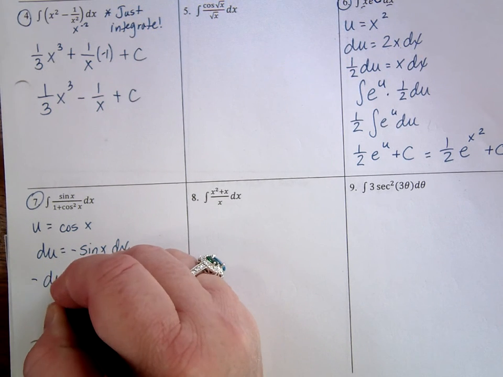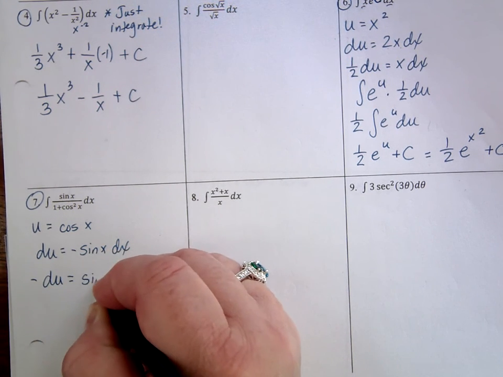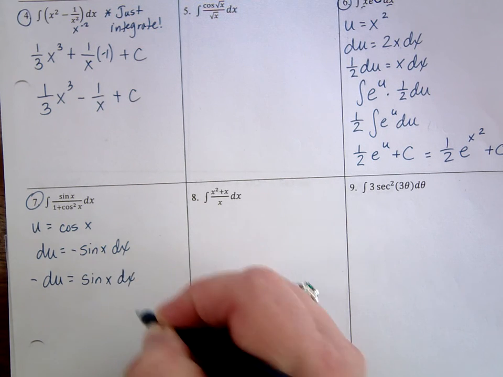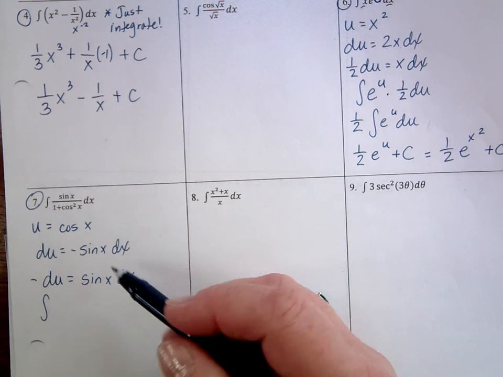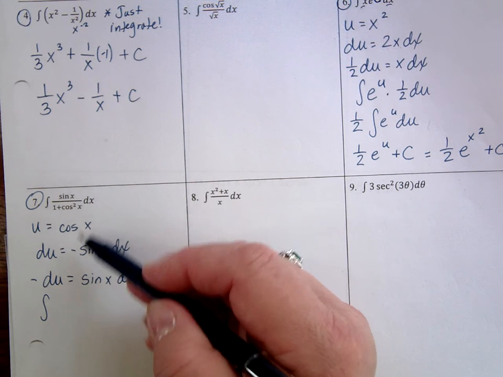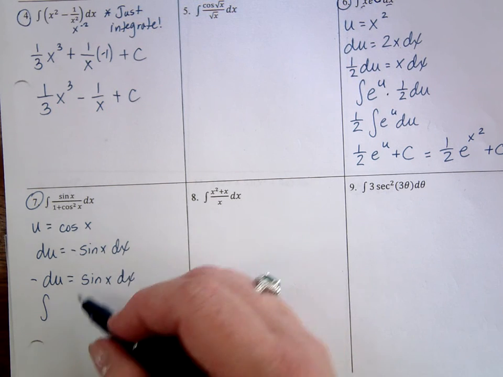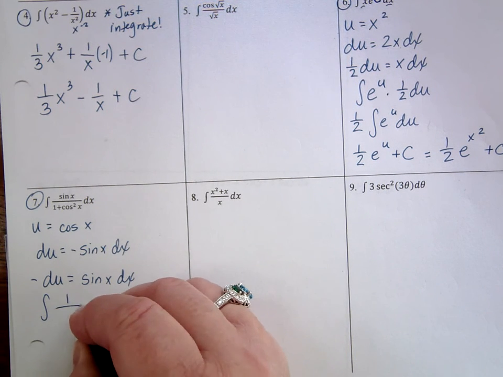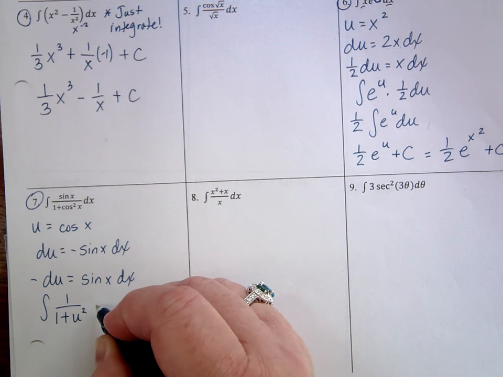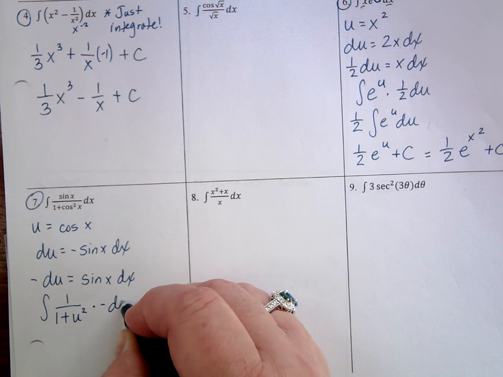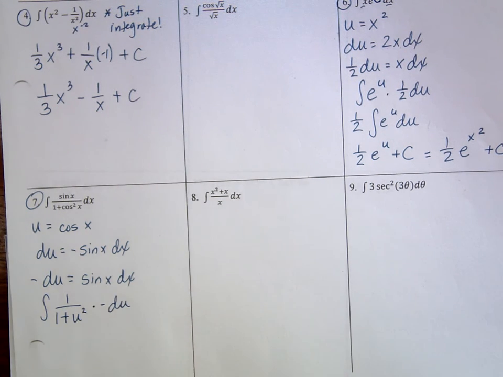So negative du equals sine of x dx. And now I'm ready to do my integral substitution. The sine of x dx is a negative du, but this is going to be 1 over 1 plus u squared, and I have it times a negative du when I substitute that.